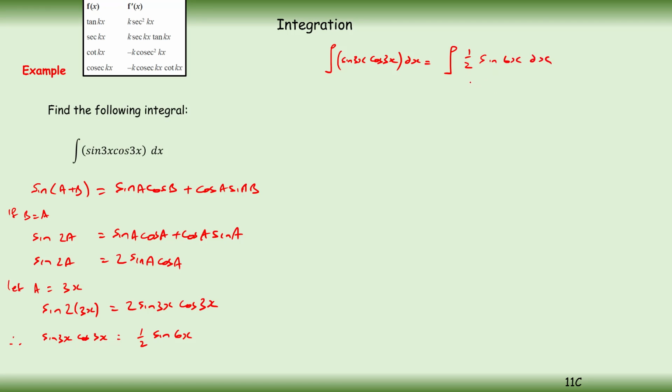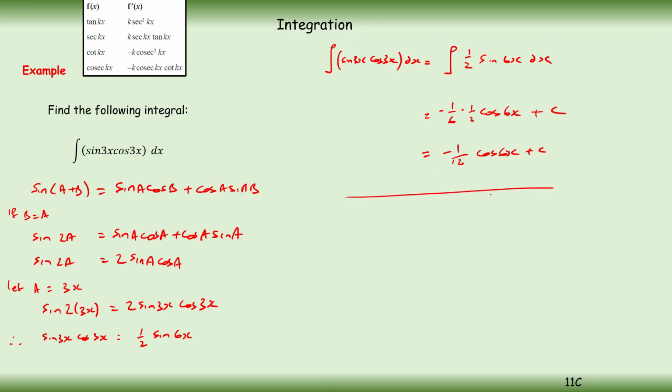I can integrate that, because if you remember from last week what we were saying, we've got to think about what we differentiate to give us sine, and that's going to be cos, but cos gives us minus sine, so this is going to be equal to a sixth, the dot means times, a sixth of a half, and it's going to be minus, let me put a minus here, minus cos 6x plus c, which is equal to minus a 12th of cos 6x plus the constant.